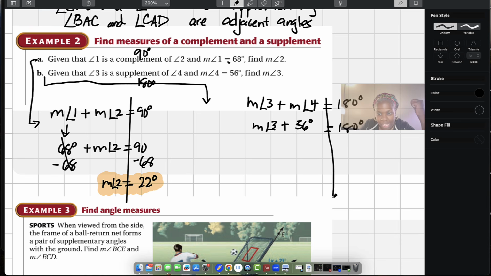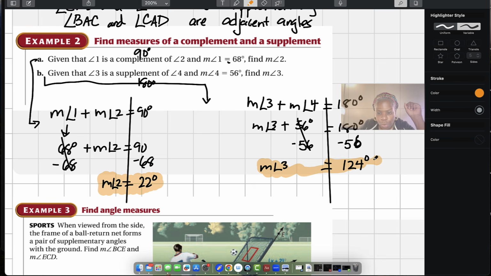I'm going to solve it like I solve any equation. I'm going to isolate what I'm looking for, so that means getting rid of the 56 on both sides. When I do that, the measure of angle 3 is equal to, this is a 56, not a 50, 124 degrees. And that's my final answer, all right?